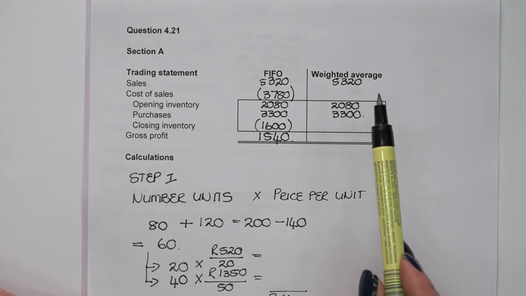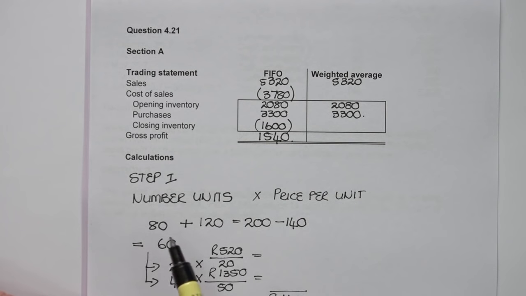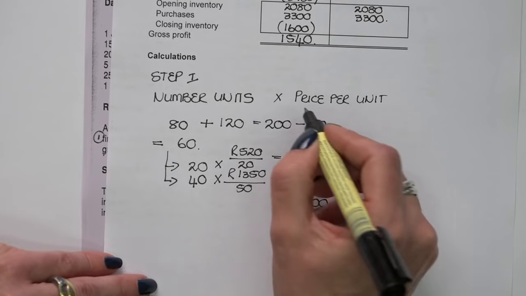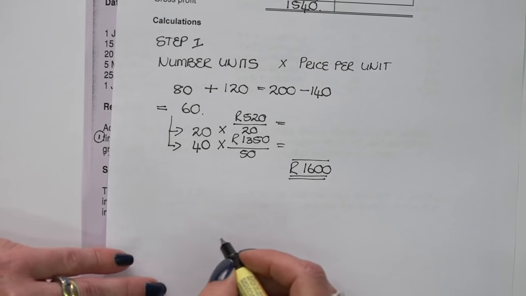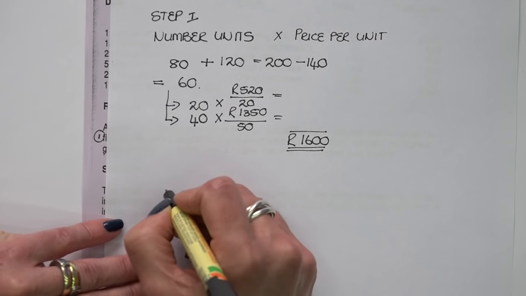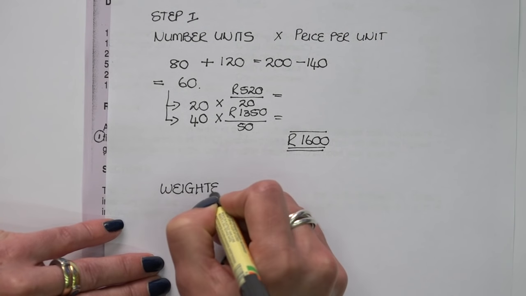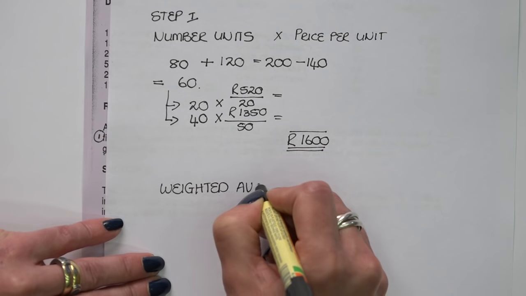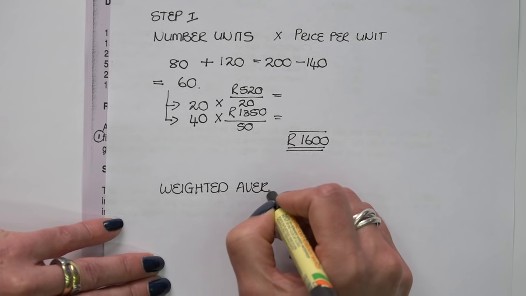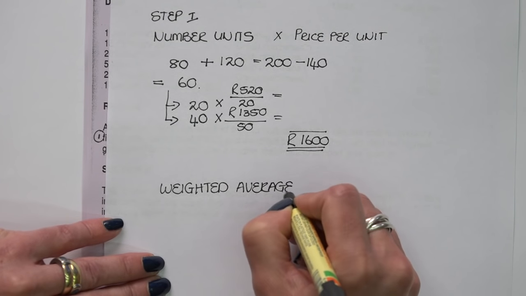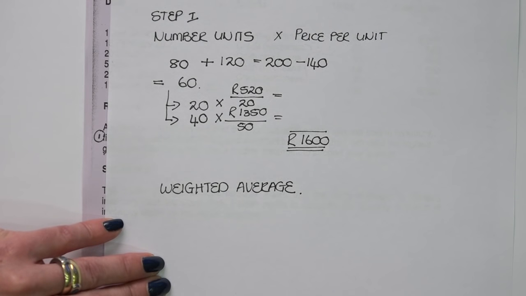Step 1 for weighted average stays the same, so I can just use this 60 units, and now I have to get to a price per unit for weighted average. Weighted average, like the term explains, is an average price per unit.